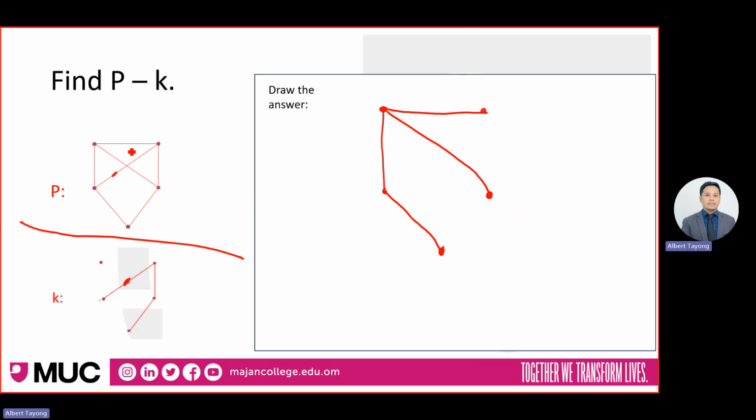So we have 1, 2, 3, 4, 5, 6, 7. 3 are deleted. So the remaining only 4. 1, 2, 3, 4. This line is not there anymore. We don't have a line here, and this line, and this line. Okay, so this is our answer. This is P minus K. Only the edges are deleted.